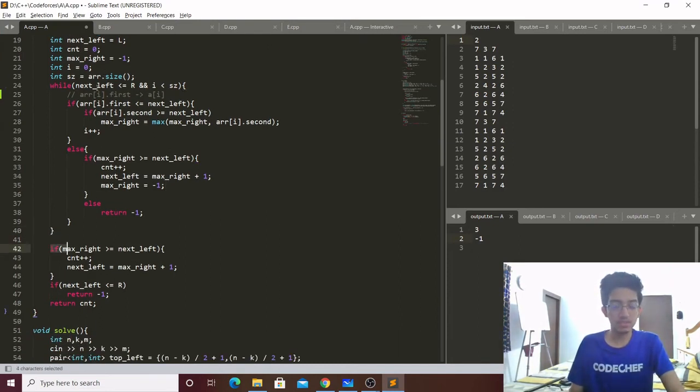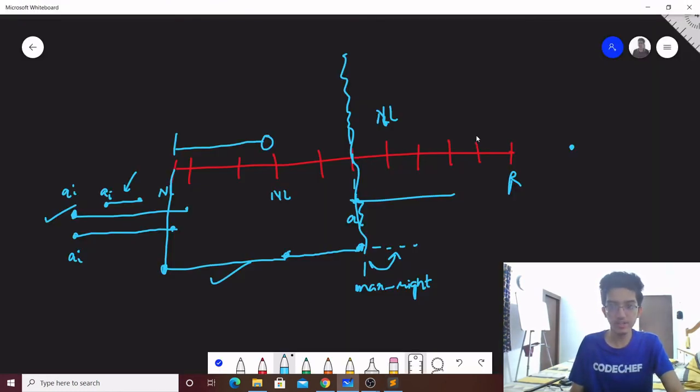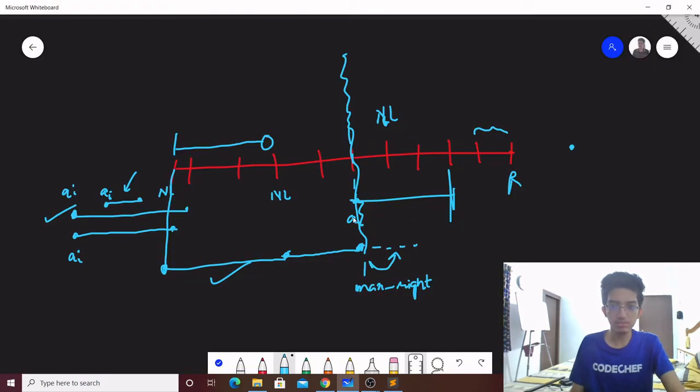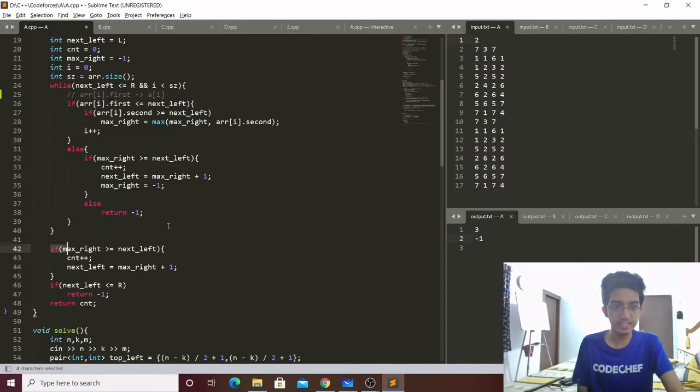When we come out of the loop, we still need to make sure that everything is covered or not. What if our segments ended till here and we still needed to know if this region is covered or not? So we will check if any segment which is over here is covering the possible remaining red regions or not. And if it is, then we select that snake and we increment and set next left equal to max right +1.